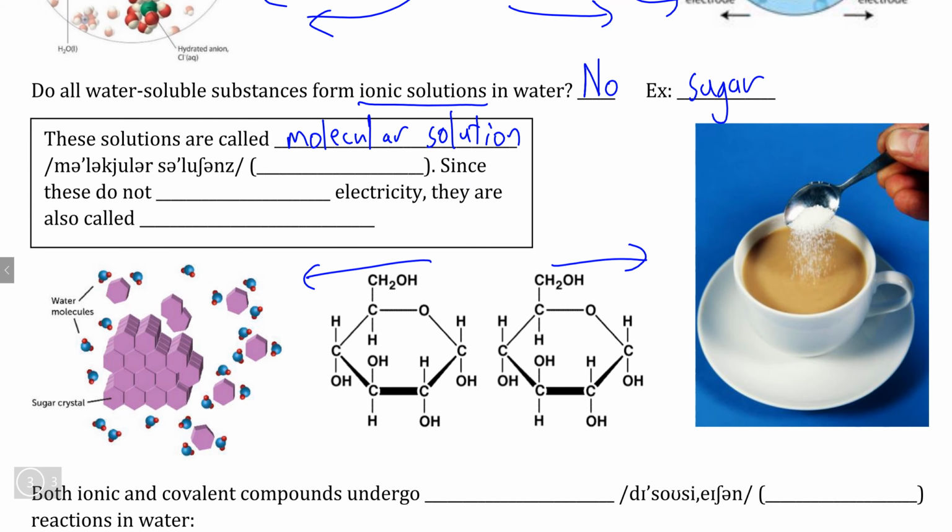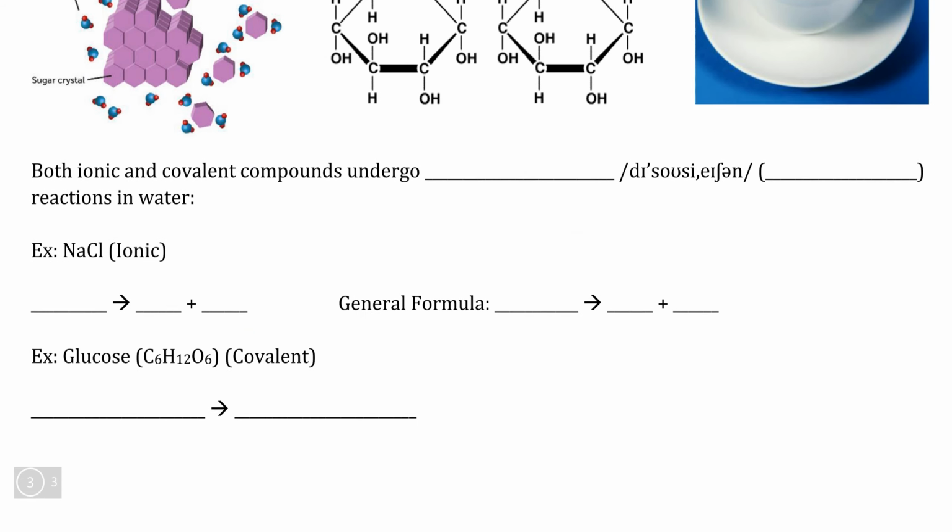For that reason, because there are no ions that are produced from the dissolving of sugar, these do not conduct electricity, and they are known by the rather technical term of non-electrolyte, because once again, there are no ions within the solution, and therefore no ability to pass electrical charge using the solute dissolved in the solvent.